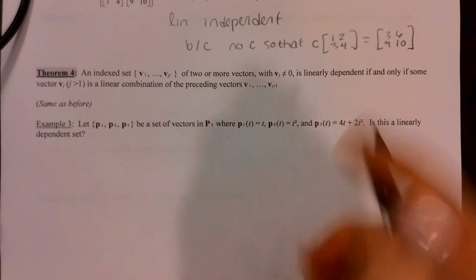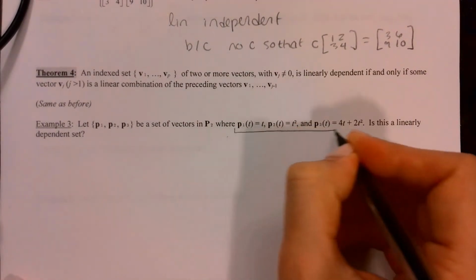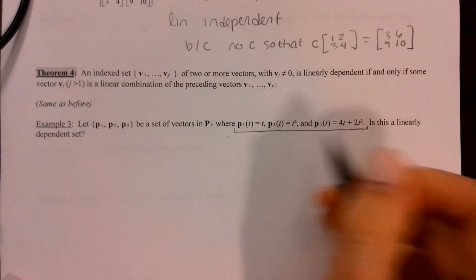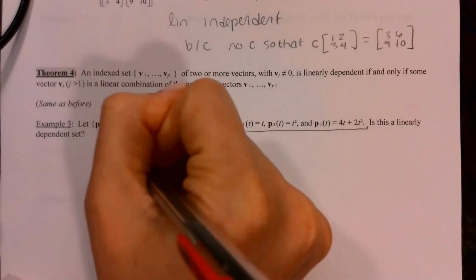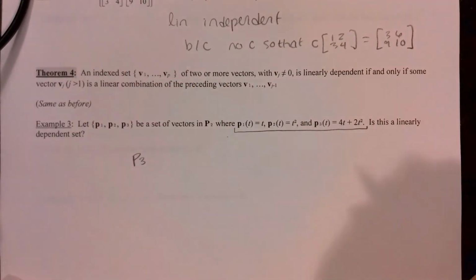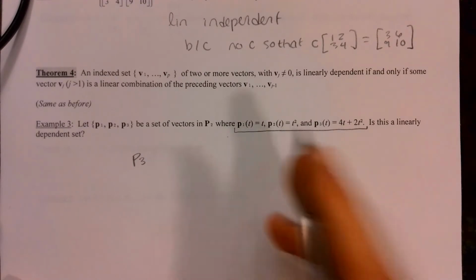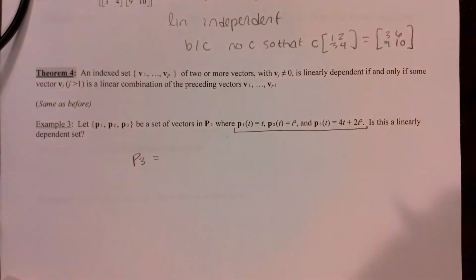Is this set linearly dependent? If I can make an equation where P3 is the sum of P1 and P2 with some constants, then it's linearly dependent.